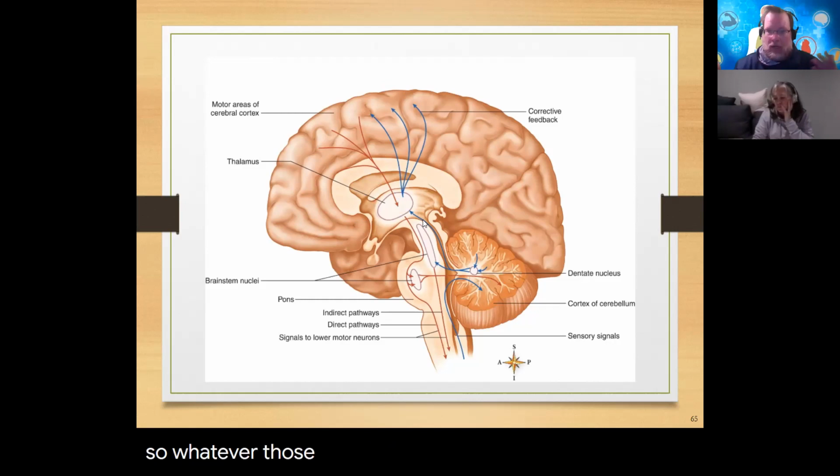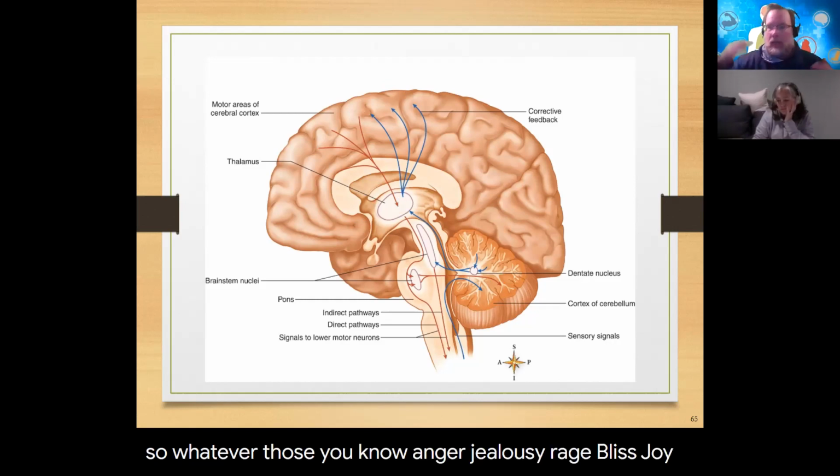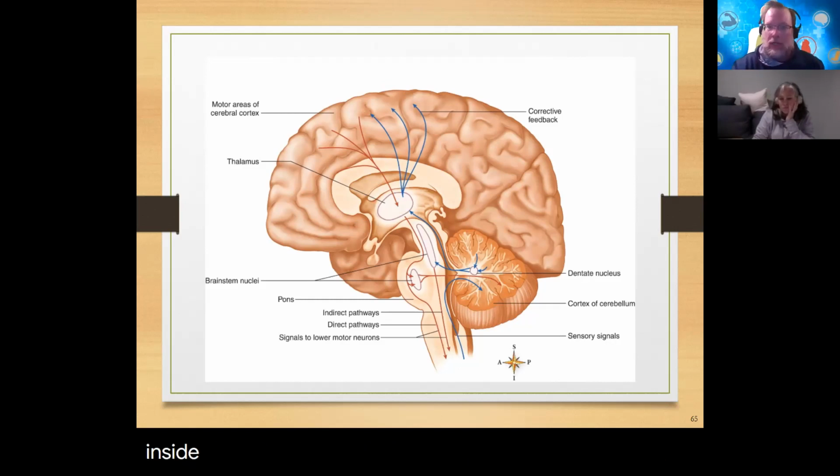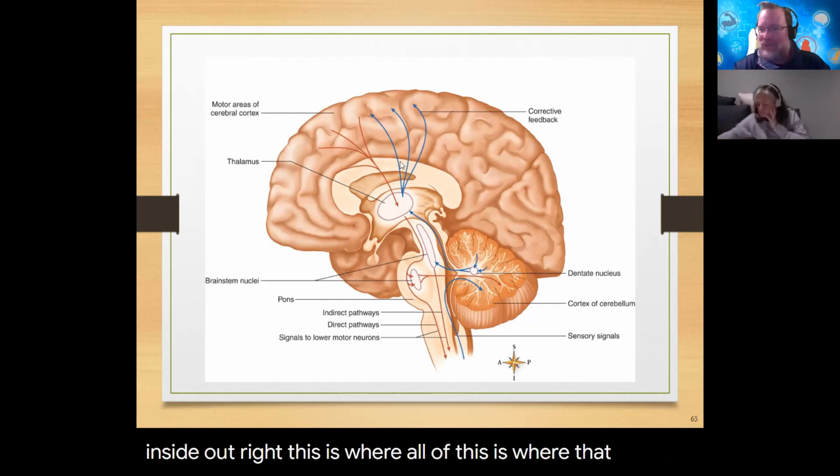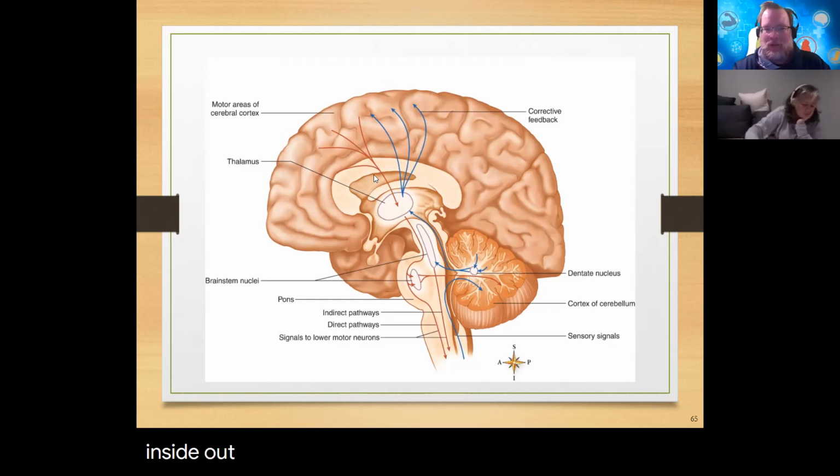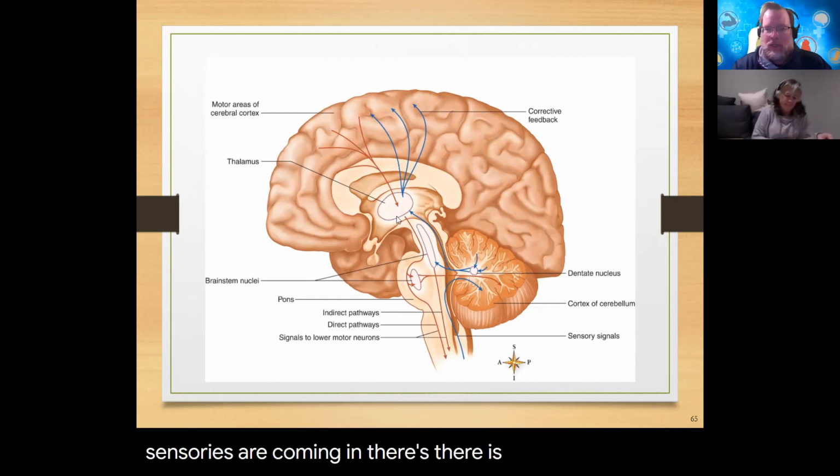Whatever those are, anger, jealousy, rage, bliss, joy, Inside Out, right? This is where that lives. Okay. Inside Out is your limbic system. So as all these sensories are coming in, there's going to be some emotion potentially involved as well.